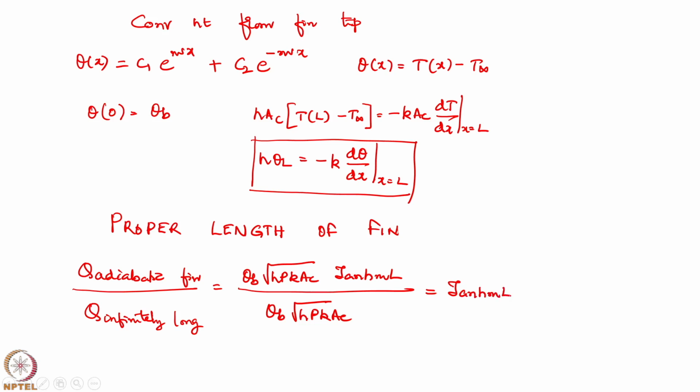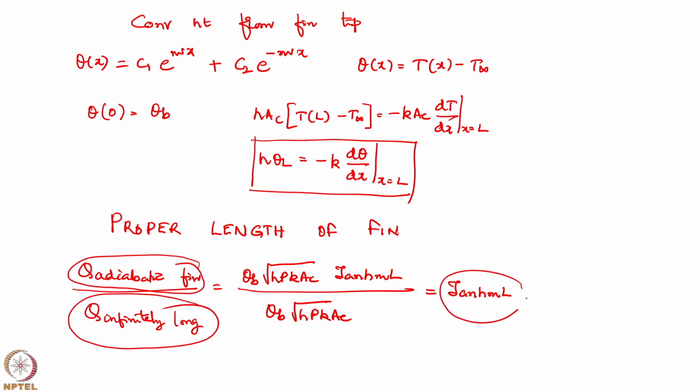So the question is, when does the Q adiabatic fin approach as if it is an infinitely long fin? When tan hyperbolic mL is almost 1.